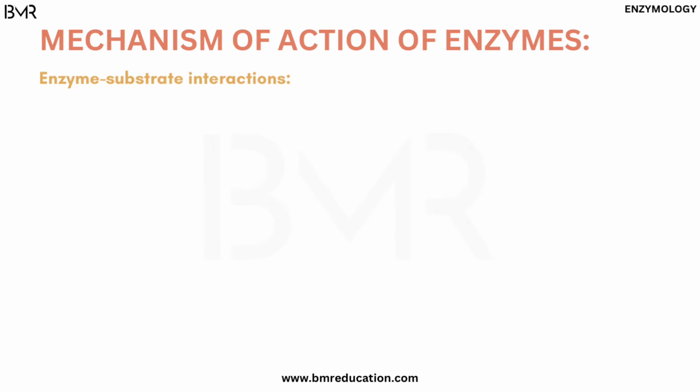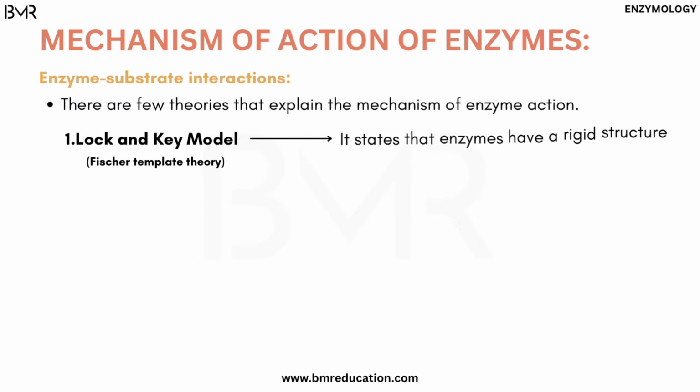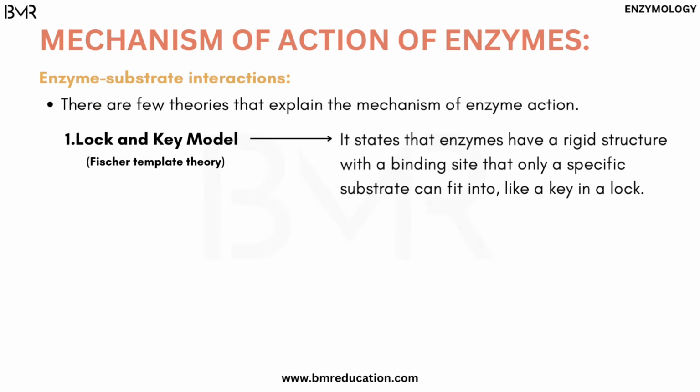Next is enzyme-substrate interactions. There are a few theories that explain the mechanism of enzyme action. The first one is the lock and key model or Fischer template theory. It states that enzymes have a rigid structure with a binding site that only a specific substrate can fit into, like a key and lock.